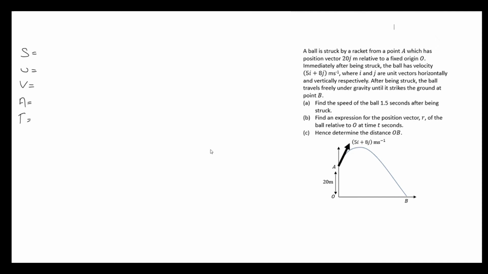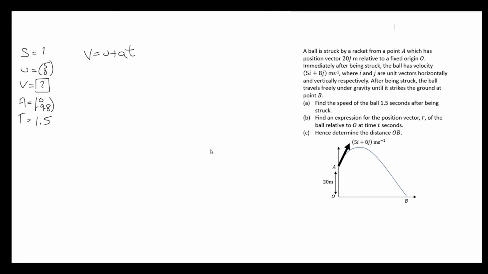So we don't know the displacement. We do know the initial velocity. That's going to be (5, 8) in column vector form. Final velocity, this is what we're looking for. The acceleration, (0, -9.8). And the time, 1.5 seconds. From here, if we're looking for the final velocity, if we're looking for v, we need to use v equals u plus at.